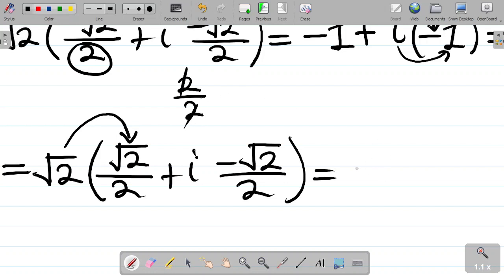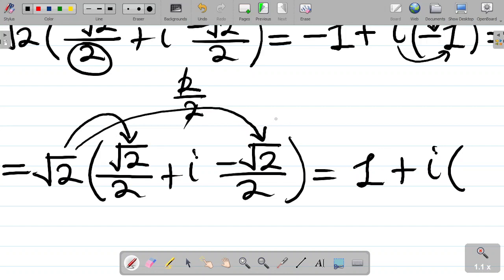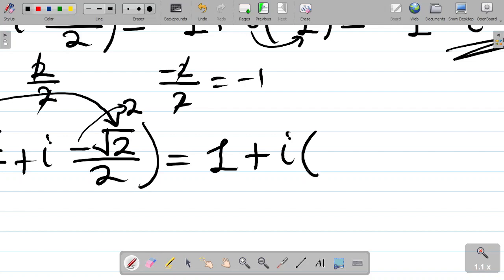So it becomes this into 1 plus I into, from here, root 2 times root 2 gives you what there? 2. So you attach the minus here. This minus comes to the 2, becomes minus 2 all over denominator there, 2. So this cancels this, you have this as what? Minus 1.